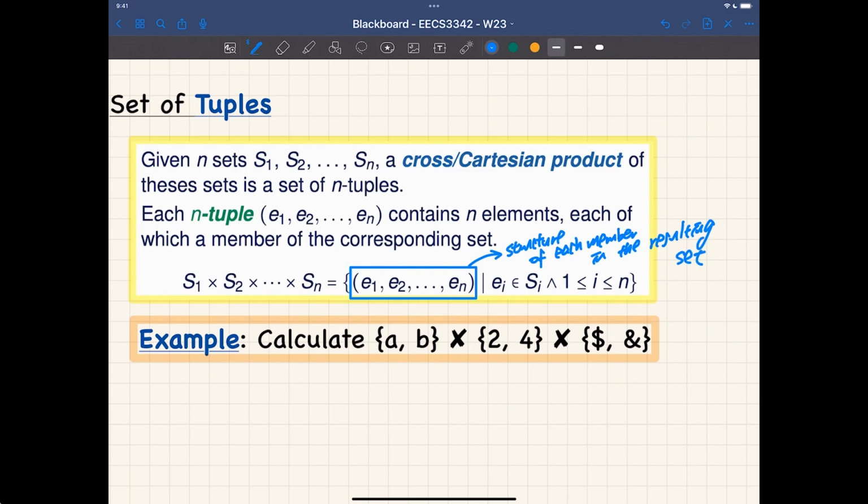We are saying that every element in the resulting set is going to be a tuple. We wouldn't say it's a pair; usually a pair is only for 2 elements. But in general, you can have element 1, element 2, all the way to element n. That's why we call it an n-tuple.